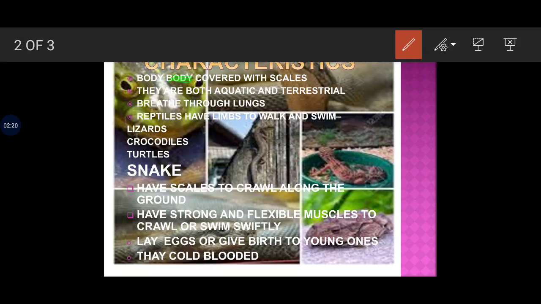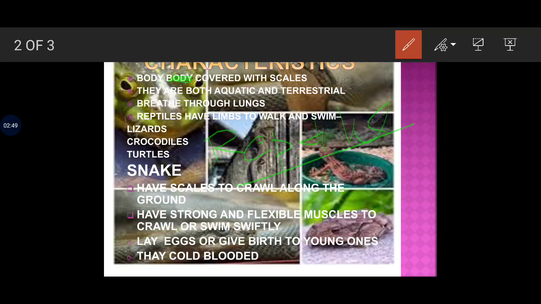First of all, the class reptile has been taken from the Latin term reptilis, which means to crawl. The name of the class suggests that the members of this class crawl. Yes, they do crawl, but not all the members. Some of them have feet to move for their locomotion, but some crawl.